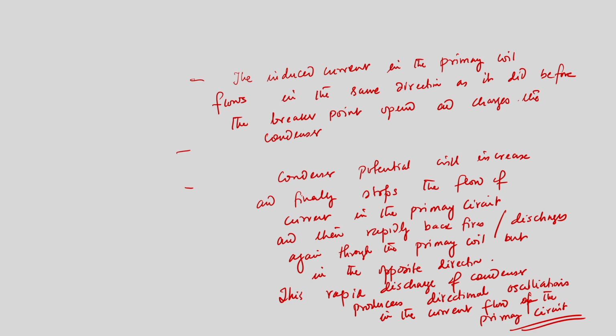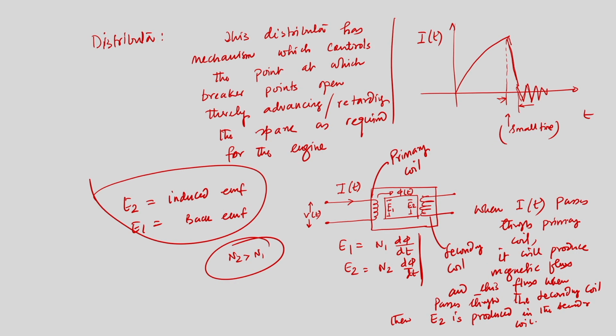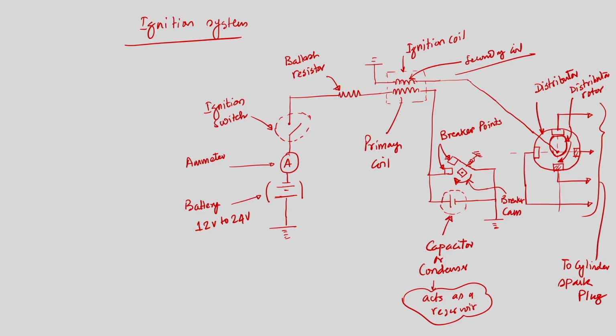So, what have we understood? To summarize today's discussion, this battery ignition system is used to produce the spark in the spark plug. To produce the spark, as we understood in the beginning of this class, we need to develop high voltage, and the high voltage required to break the resistance of the spark gap is 10 kilovolt.